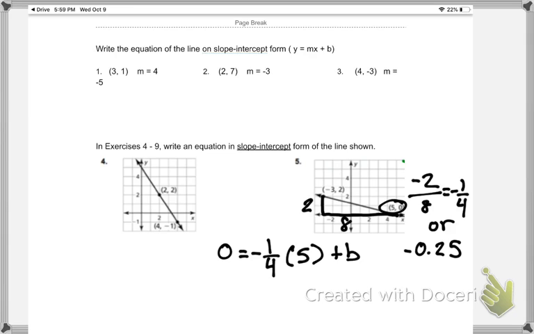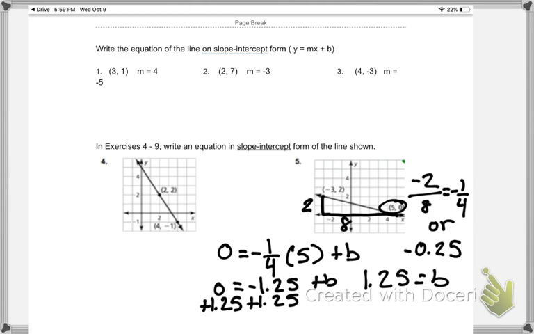And then plus b, that's what I want to find out. So now from here, I can simplify. 0 equals negative 1.25 plus b. I'm going to add 1.25 on both sides. So I'm left with 1.25 equals b.